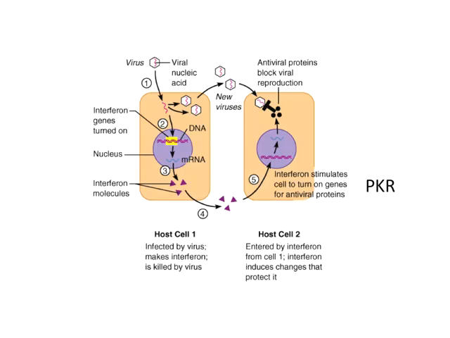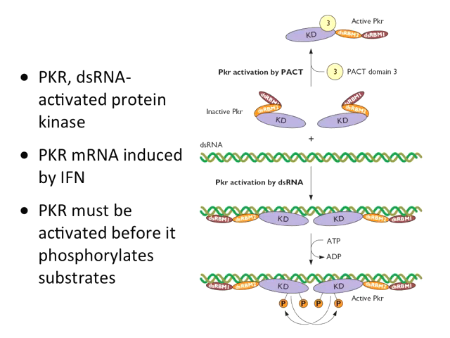These interferon molecules that are made come out of the cell and they bind to interferon receptors on the cell surface. And they then induce the synthesis of a number of proteins that have antiviral properties. And one of those proteins is PKR, which is the kinase that phosphorylates EIF2. And so when cells are infected, the cells respond by producing this protein, which is engineered to stop translation and stop the infection.